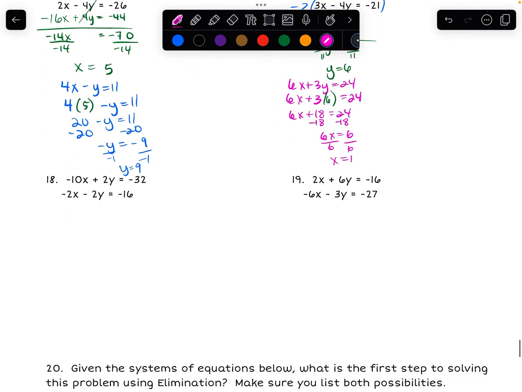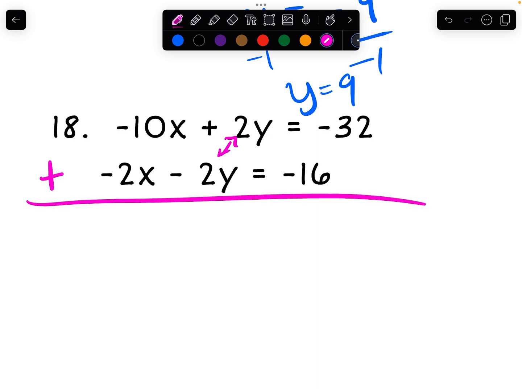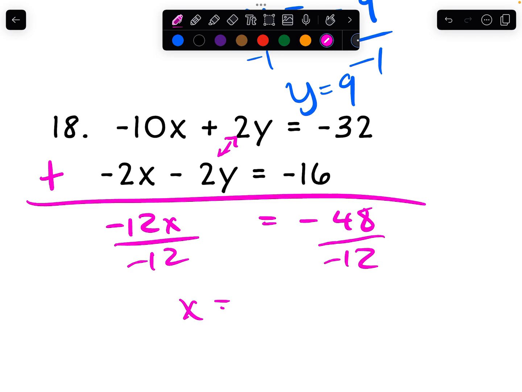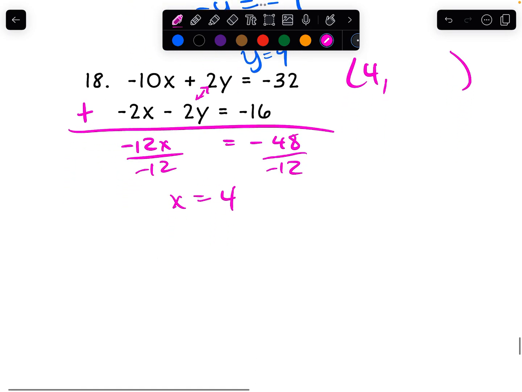Okay, then I come here. Oh, look at this. These two are opposites of each other already. Bam, easy. Add straight down: -12x equals -48. Divide by -12. Get x equals 4. Okay, so we have the x value. We need the y value.